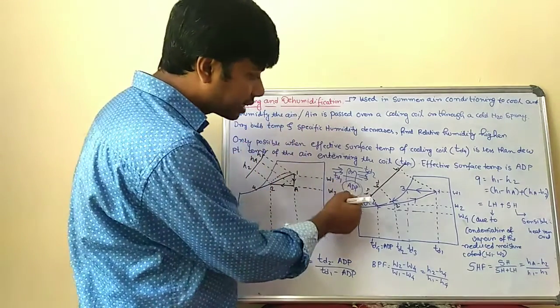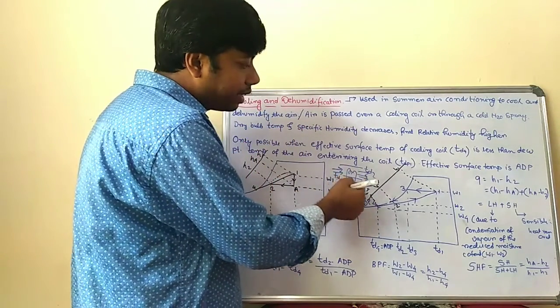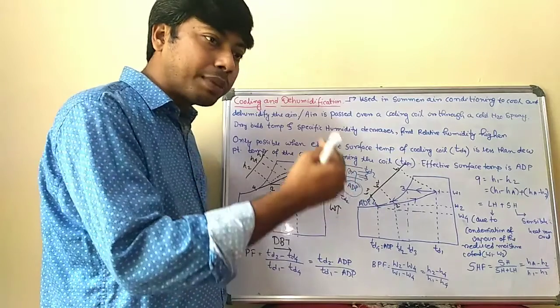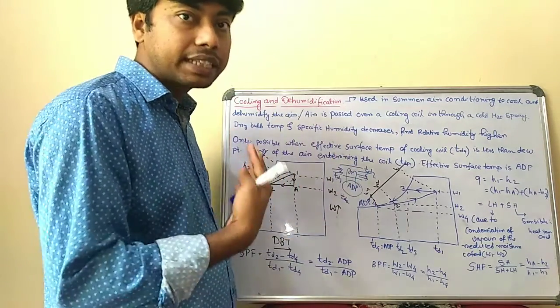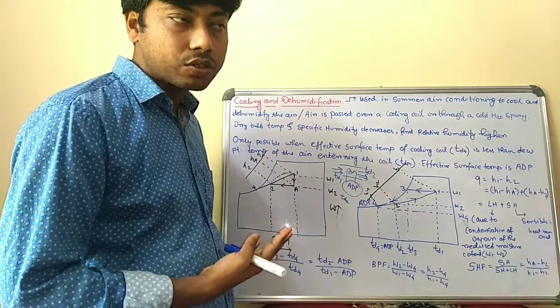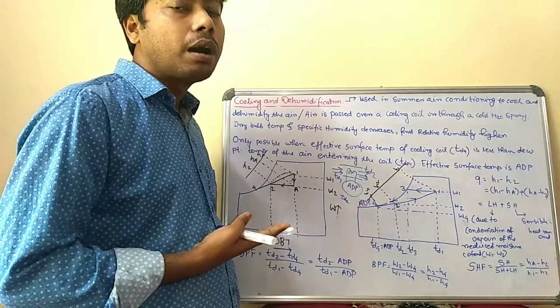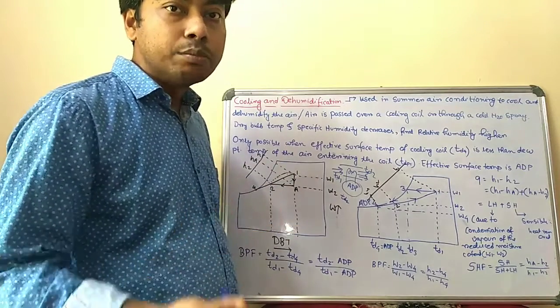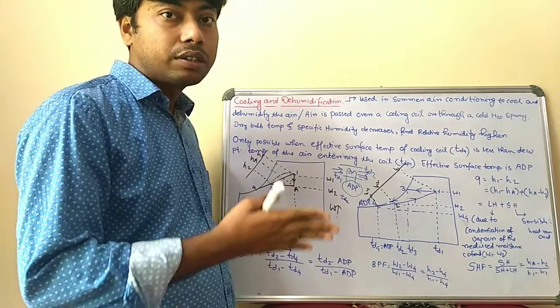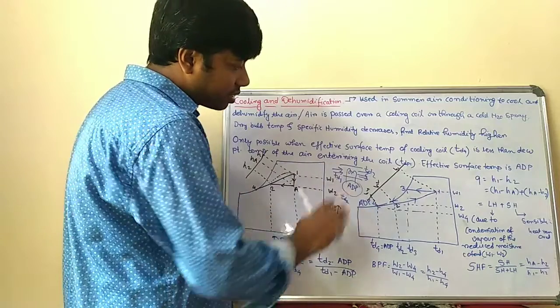Then you have to select the cooling coil temperature below that dew point temperature, so that condensation takes place and some part of the moisture is removed from the entering air.